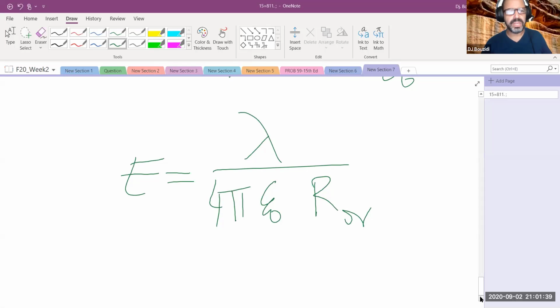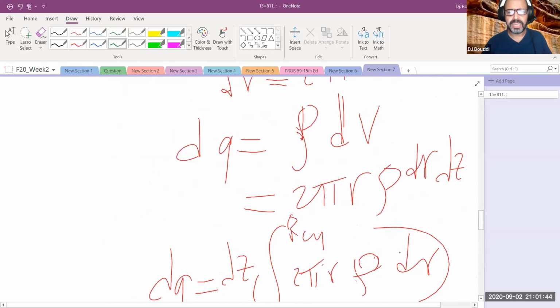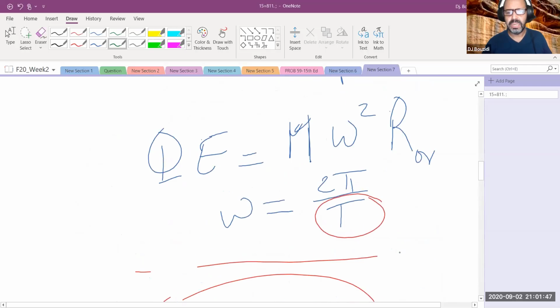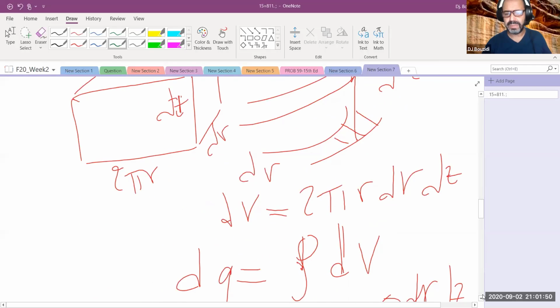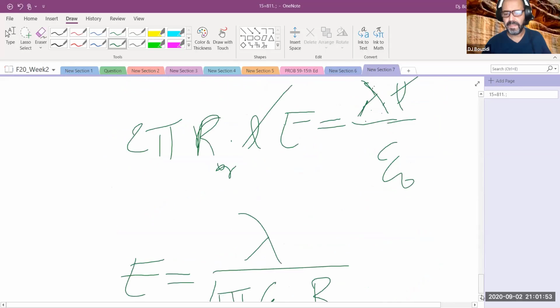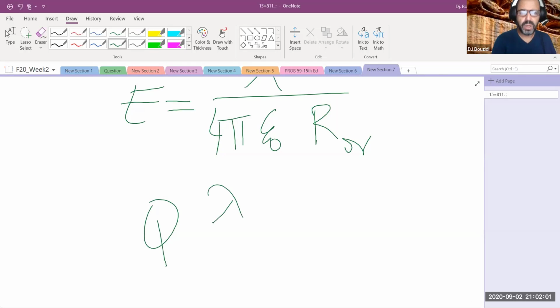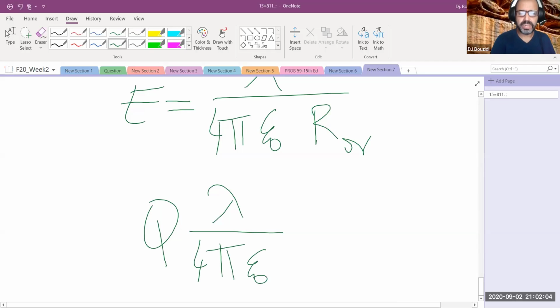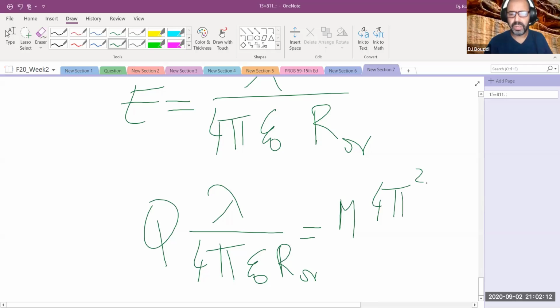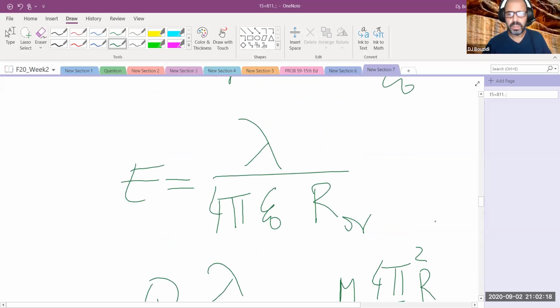So we have the electric field now, and we're going to invoke Newton's second law of motion, basically F equals ma, knowing what a is. So we're going to express this one: Q times E, and we just found E. Q, which is the charge that is spinning, times E, which is lambda over 4 pi epsilon naught times r orbit, equals the mass times omega squared, which is 4 pi squared over T squared, times r orbit.